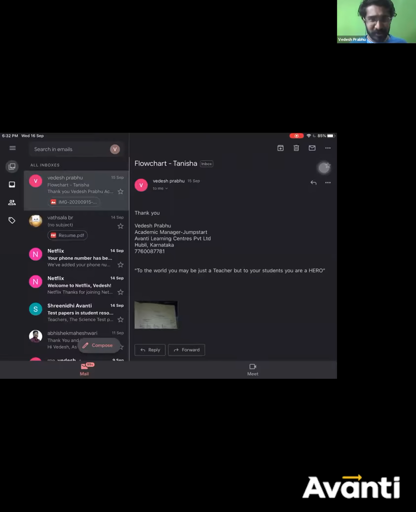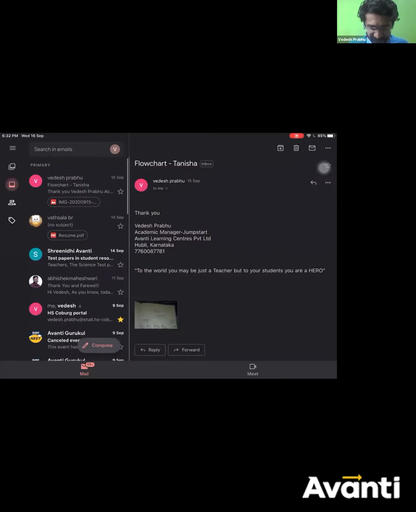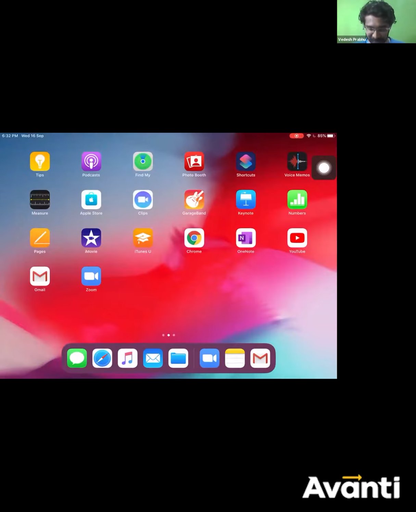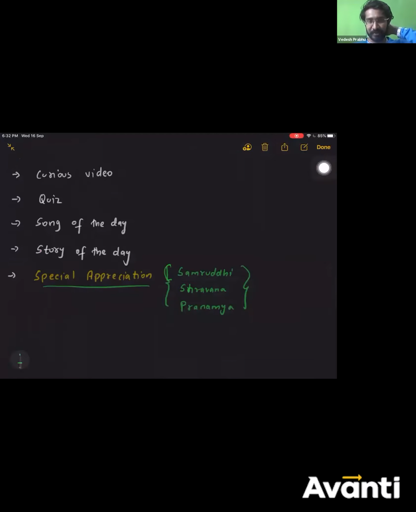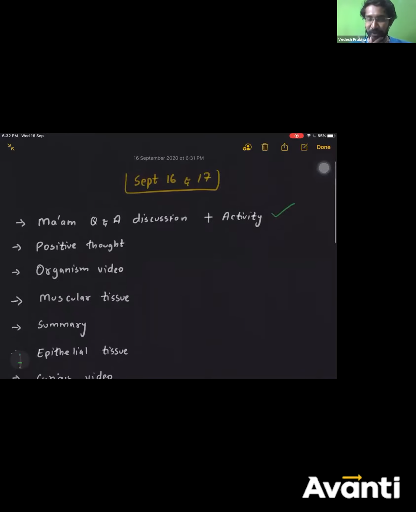Today's flow chart also I will show you once this gets loaded. Today I received the flow charts from them. I'll email it to my account and show you. Super dedication from Samruddhi, Shravana as well as Pranamya. If you have also done it, then show me the proof. Send me the flow chart to my WhatsApp number. Fine, so moving on.